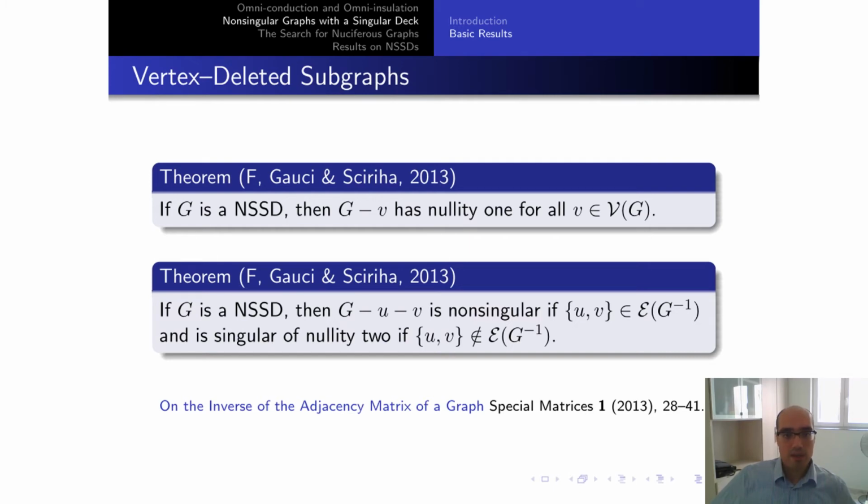On the other hand, it is singular of nullity 2, it cannot be of nullity 1, when this does not happen, in which case you don't have an edge in the inverse. Or alternatively, you could say that the inverse matrix has a 0 in the entry uv. Of course, here we're assuming that u and v are different vertices.